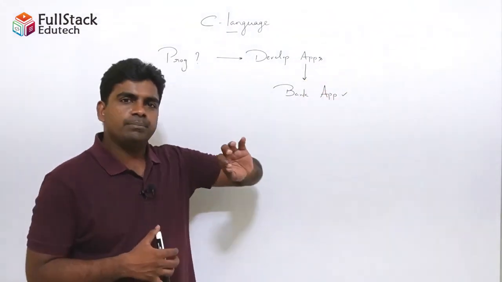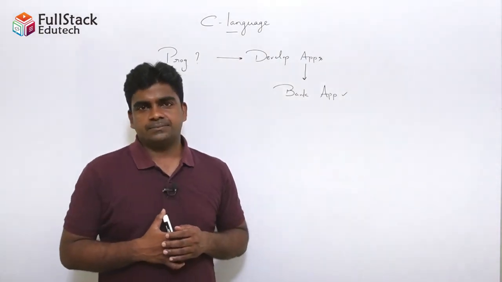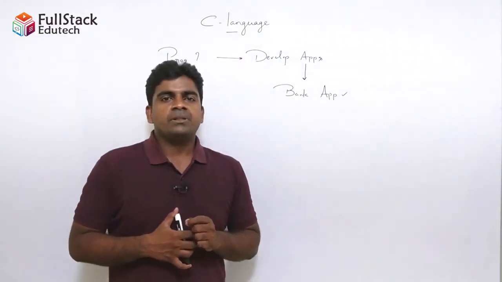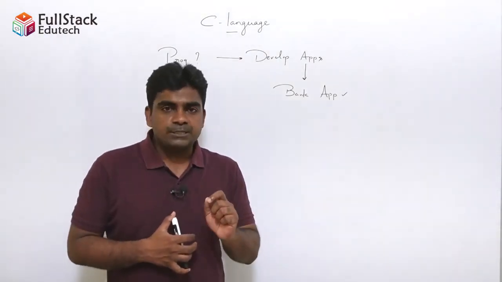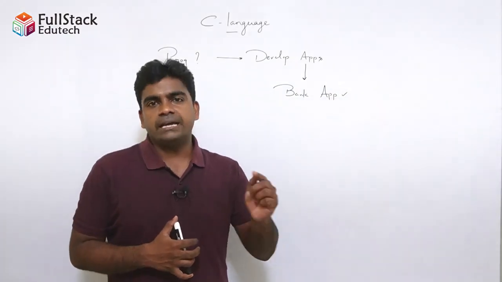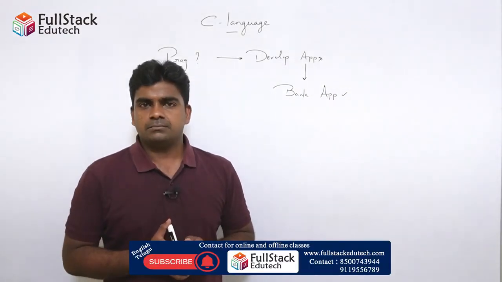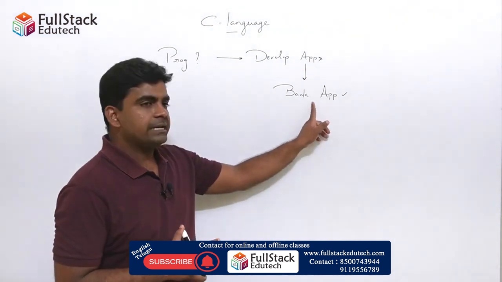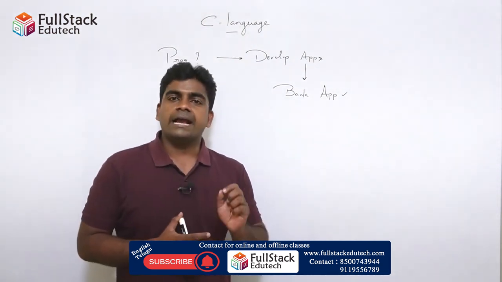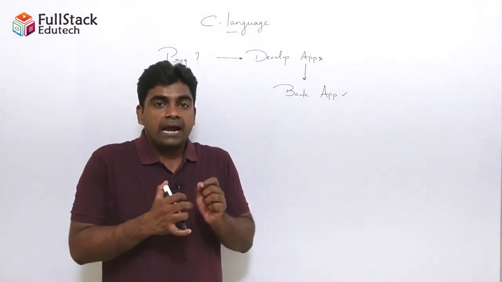So what is the main purpose of a banking application? Simply put, every application is responsible for storing information and processing information. What is the main asset of banking? The account holder.